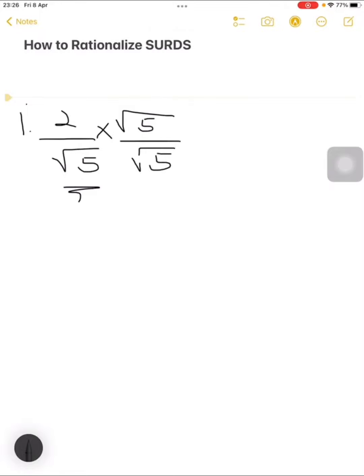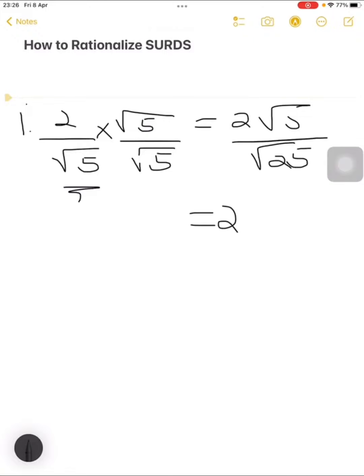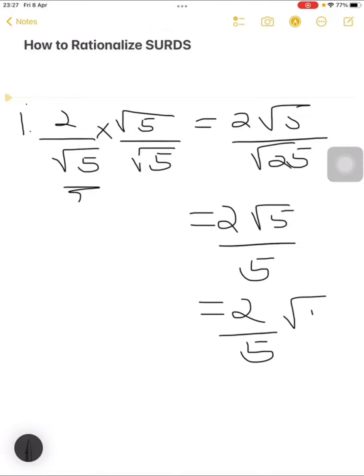If it's just one term, you just multiply up and down. And therefore this one should be 2 root 5 all over root 25, and this one is the same as 2 root 5 all over 5, and therefore the answer is 2 over 5 root 5.